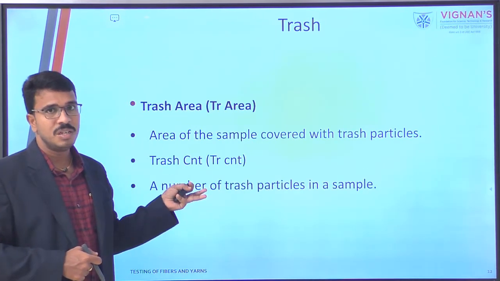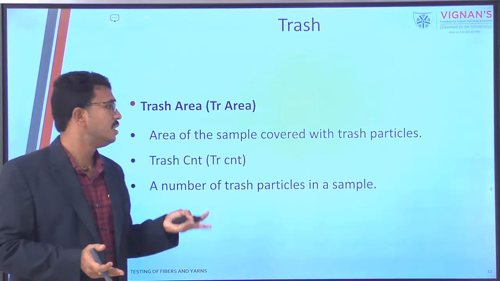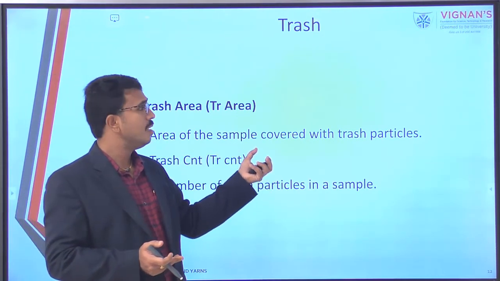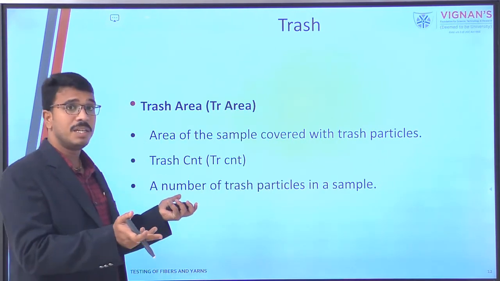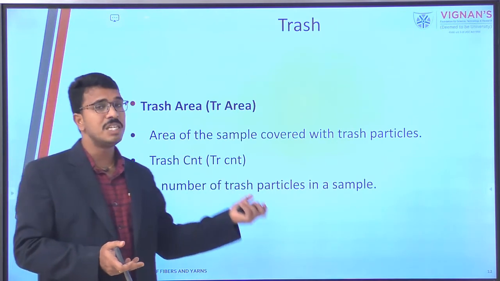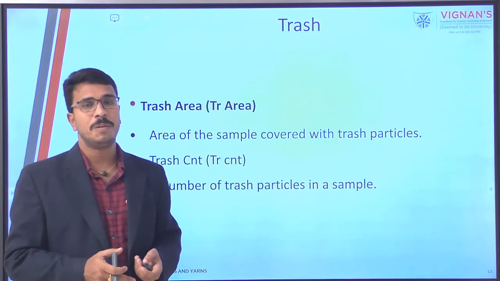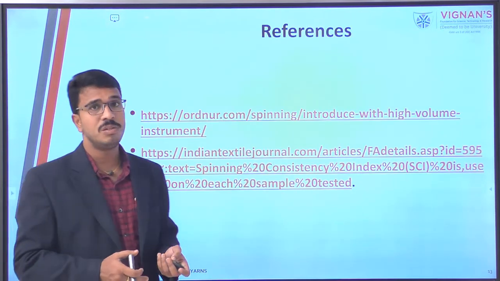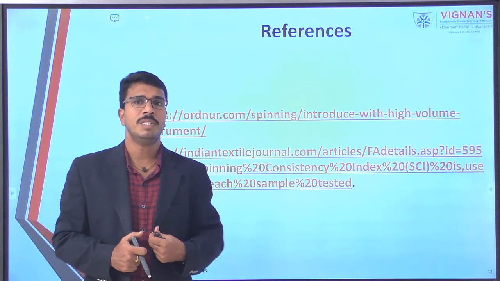And the trash: this HVI can measure the trash area, that is the area of the sample which is covered with trash particles. It also gives a trash count, that is the number of trash particles in a sample. So this sort of information is also provided by this high volume instrument.